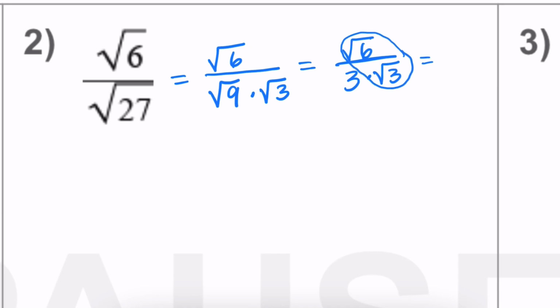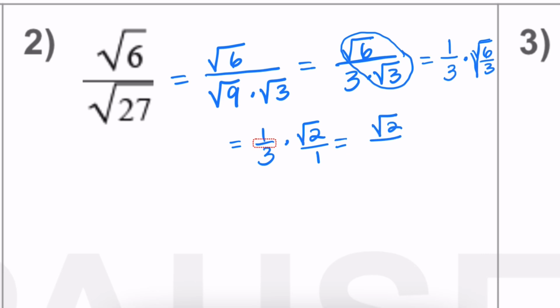And so I can rewrite this as 1 over 3 times the square root of 6 over 3. Okay, stay with me. And so you have 1/3 times the square root of 2. And you know that's over 1, so you can rewrite this as the square root of 2 over 3. And you're done.